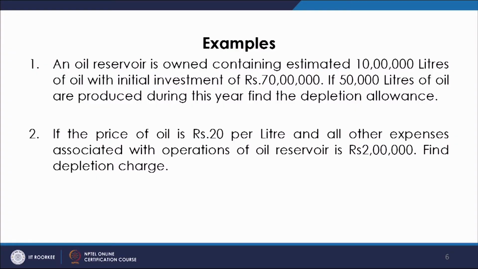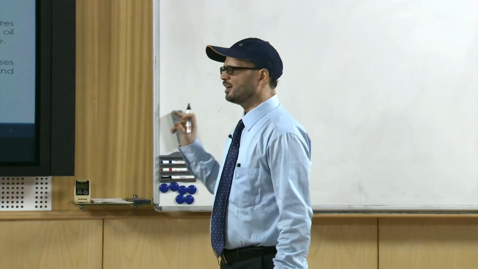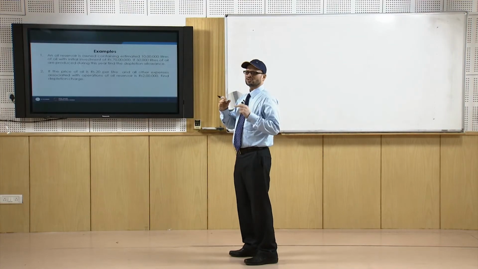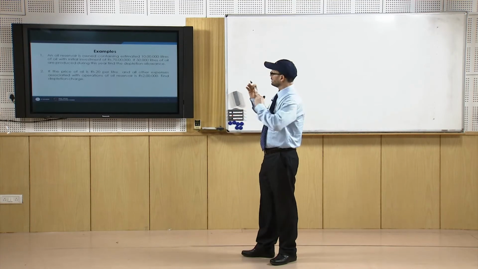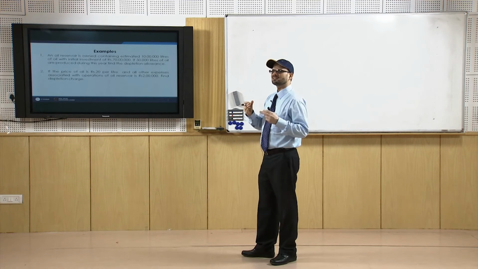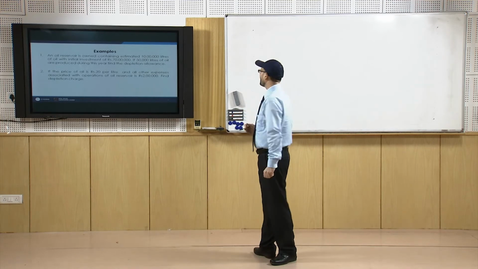We can have a look at that case in which there will be active consideration of the fact that how the 50% of the taxable income can affect the value of the depletion allowance.